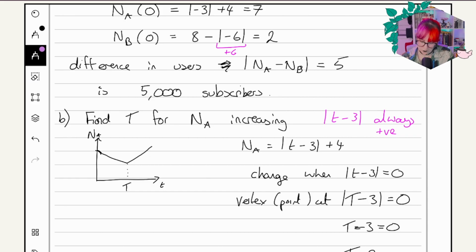The smallest that it could be is 4. This value here is going to be 4 because it's always a positive number added to a positive number.